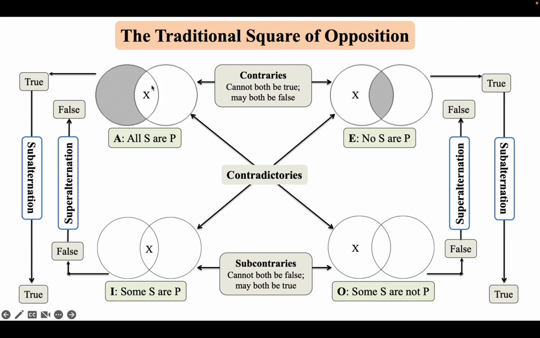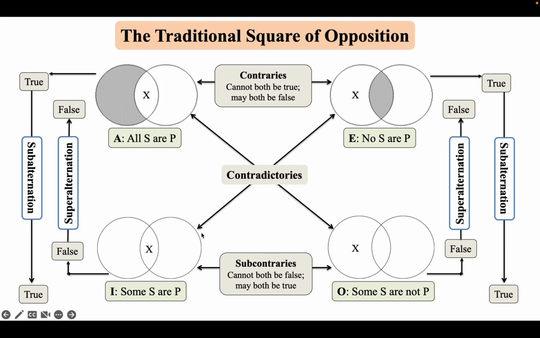So for example, the relation between A and O and the relation between E and I is a relation according to which if one of these pairs is true, the other one must be automatically false. So these pairs, A and O and E and I, are called contradictories.